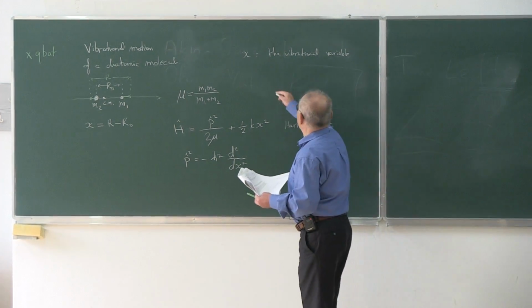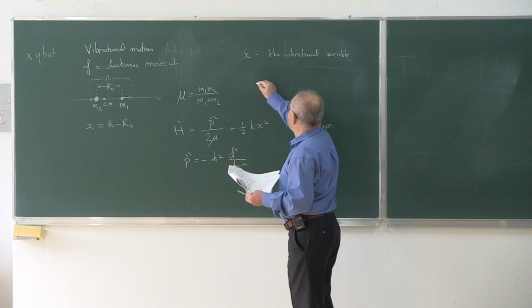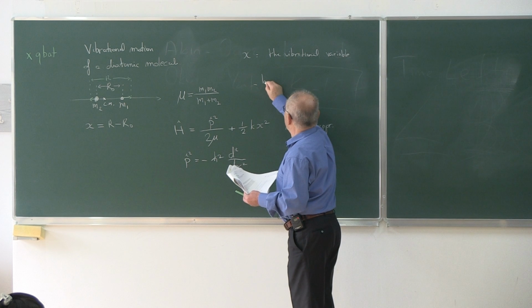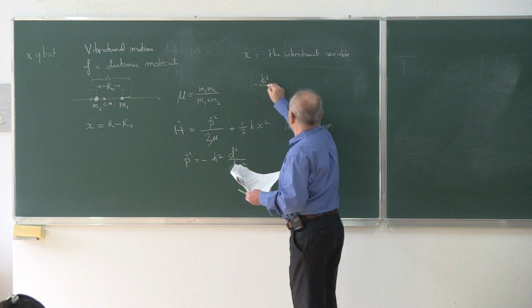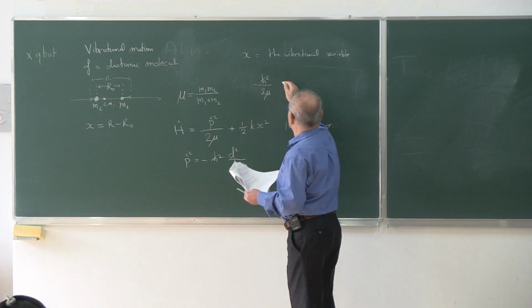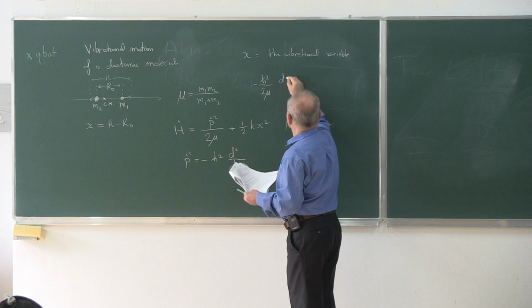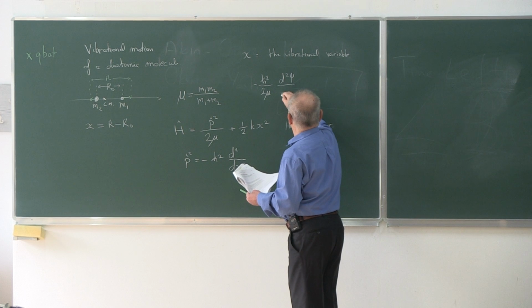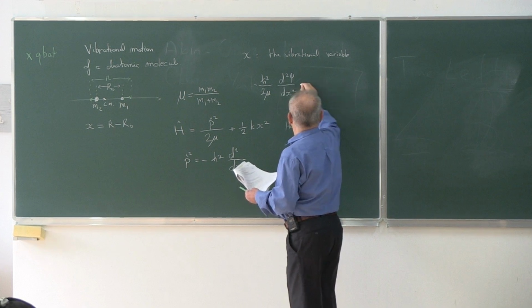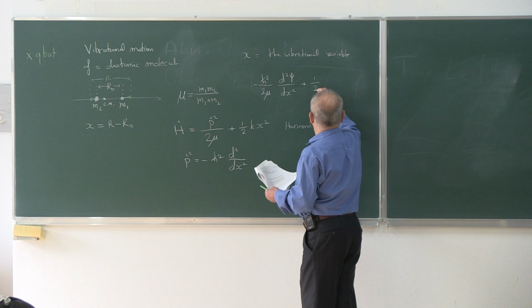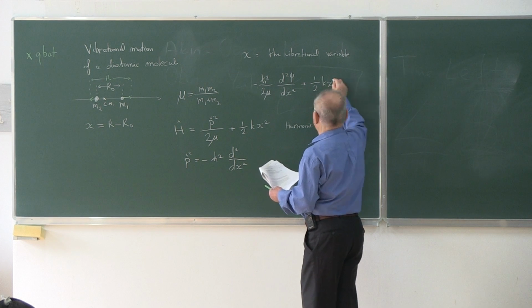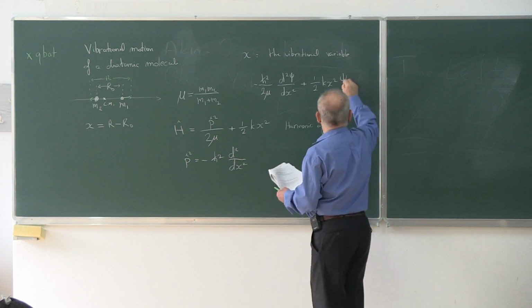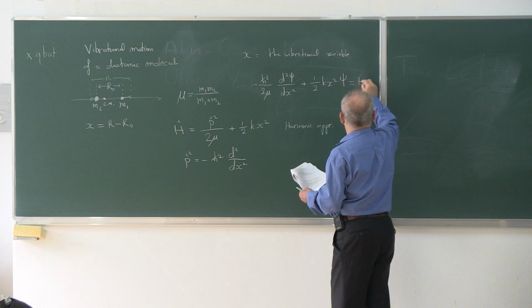And the explicit Schrödinger equation is minus h bar squared divided by 2 times reduced mass times the second derivative plus 1/2 k times x squared times psi equals E psi.